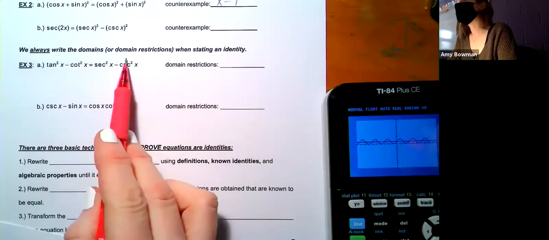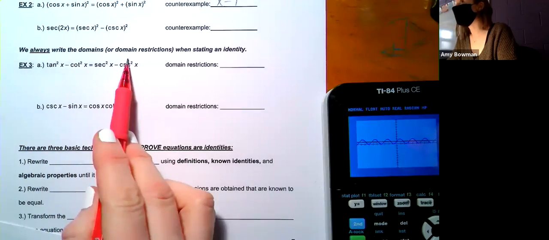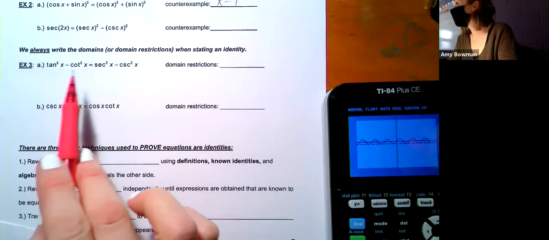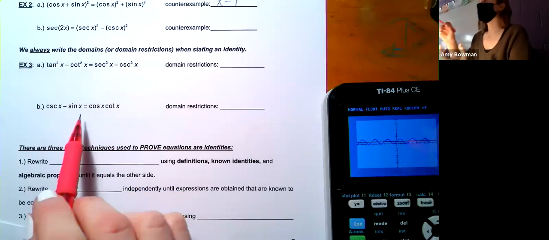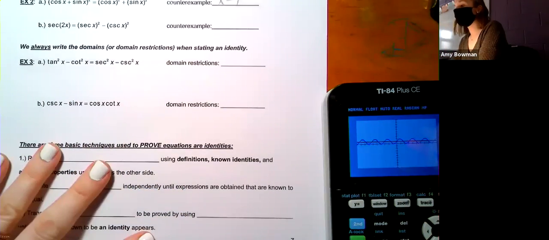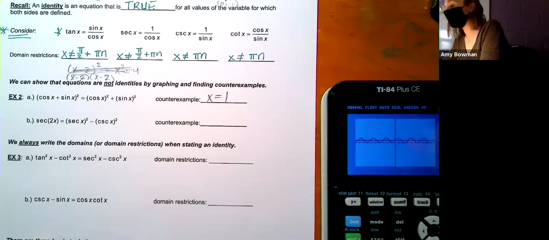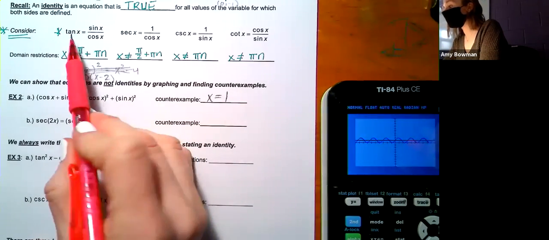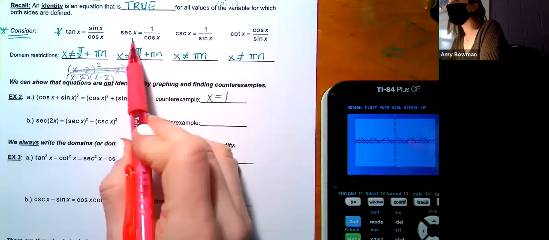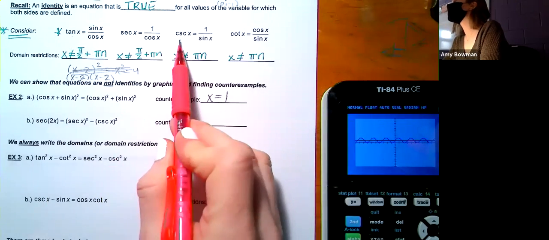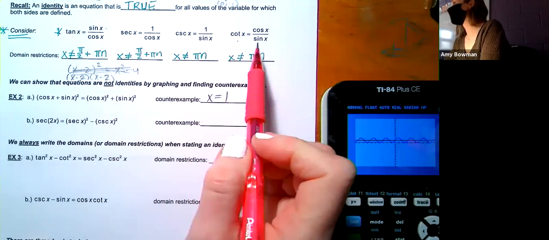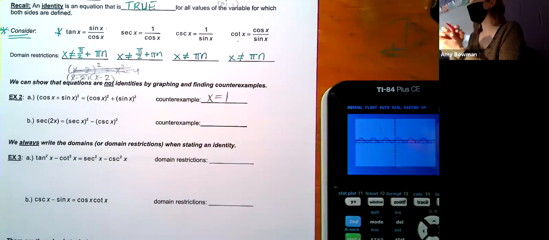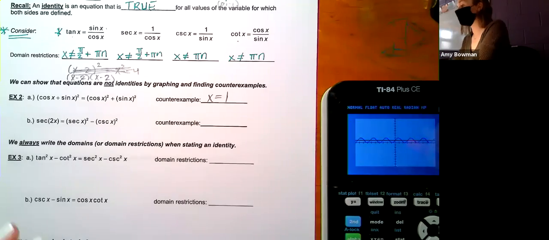And anytime you are simplifying a trig equation or proving an identity, the goal, since basically every single one of these identities up here, tangent, secant, cosecant, cotangent, I can rewrite every single one of those in terms of sine and cosine. That's like our building block of proving trig identities, because we can write them all in terms of sine and cosine.